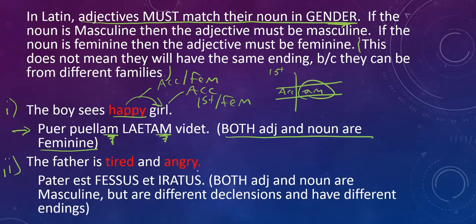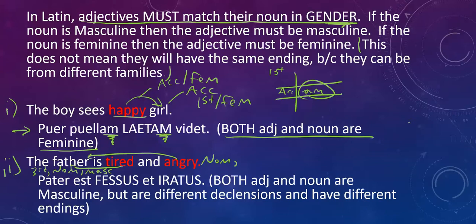The father is tired and angry. Remember, we said tired and angry described the father. We said that the father was nominative, so the adjectives had to be too. Also, the father is masculine, and he's third declension. The adjectives are not third.